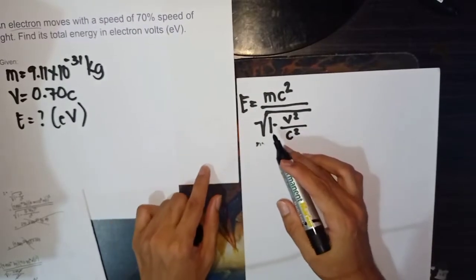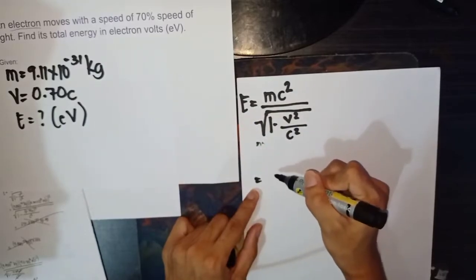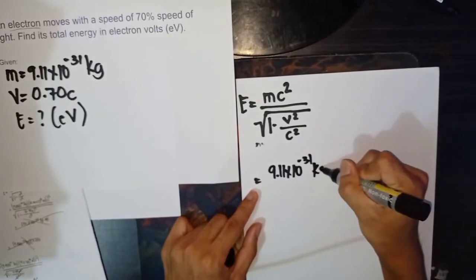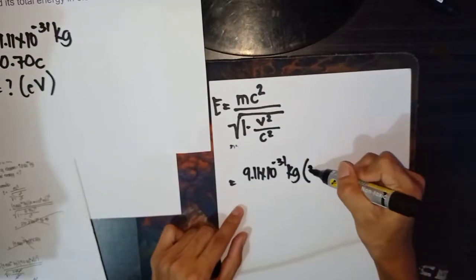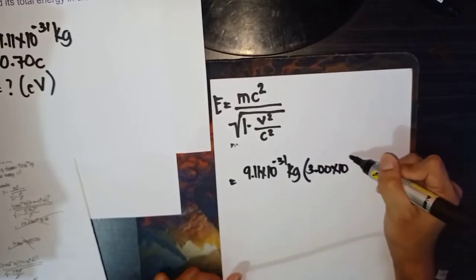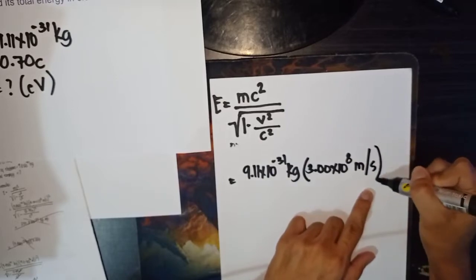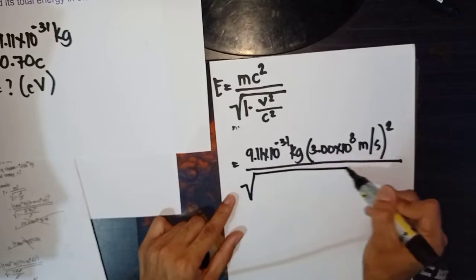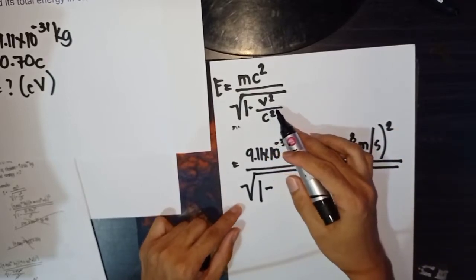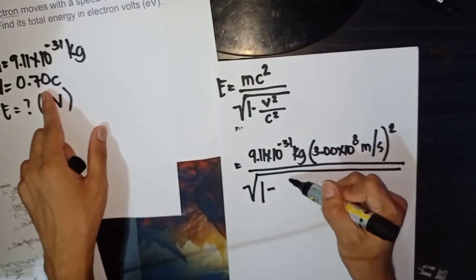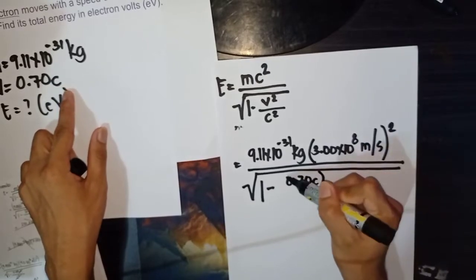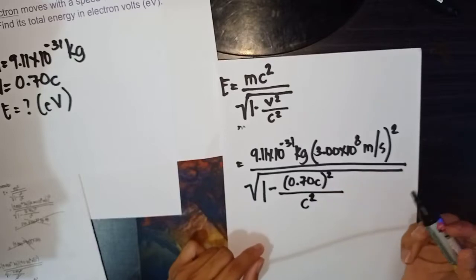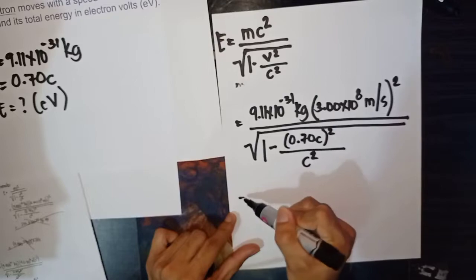E is equal to m, the mass of an electron, 9.11 times 10 raised to the power of negative 31 kilogram, multiplied by the speed of light, 3.00 times 10 raised to the power of positive 8 meter per second, squared, divided by the square root of 1 minus v squared, where v is 0.70c, squared, divided by c squared. Let's just copy the c squared.